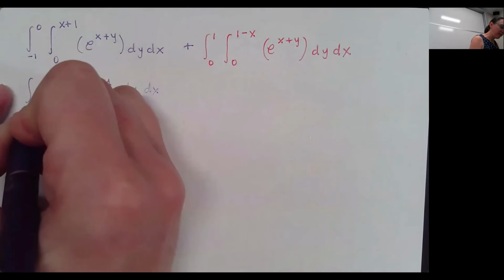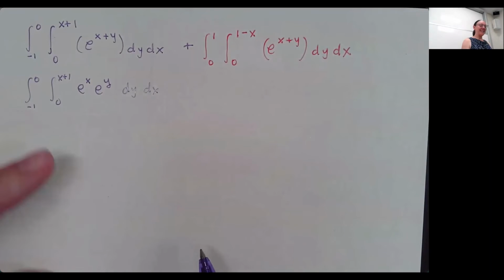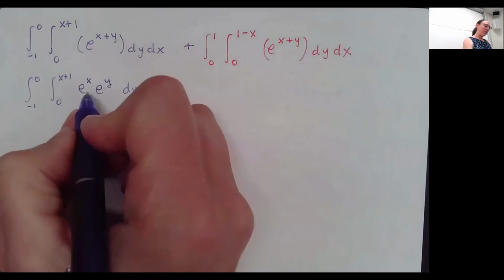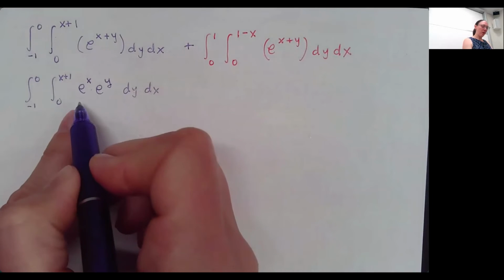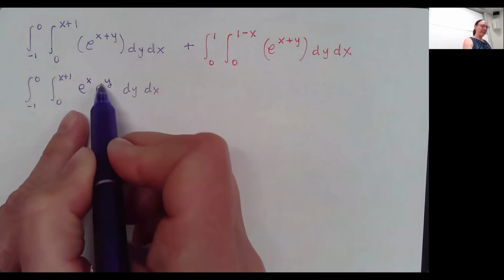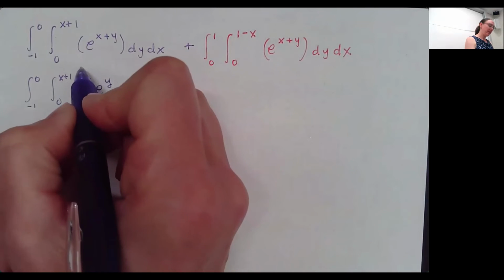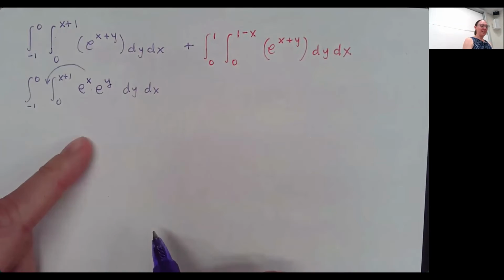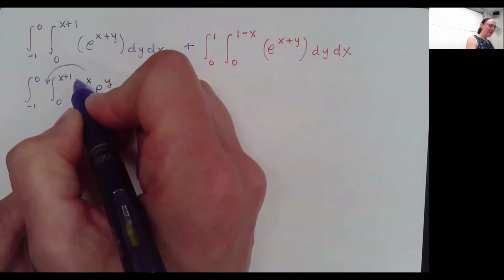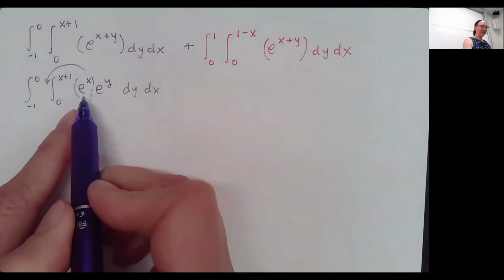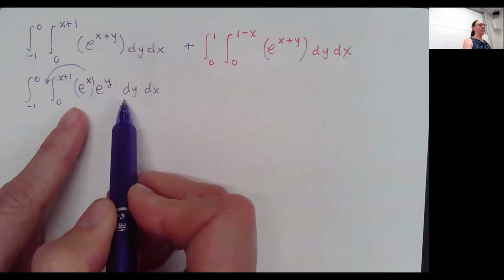And part of the reason I like doing it that way is it helps you declutter what you're looking at, because it's being multiplied, you can now take the part that doesn't have y's in it and move it in front of the integral if you wish. Because that e to the x is a constant with respect to y.